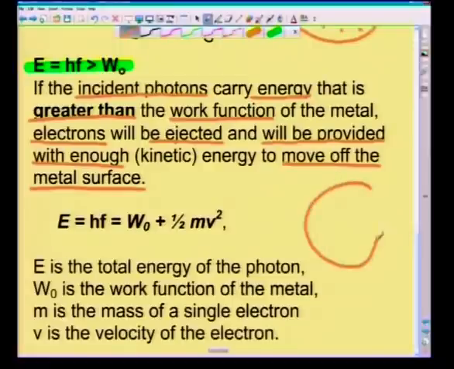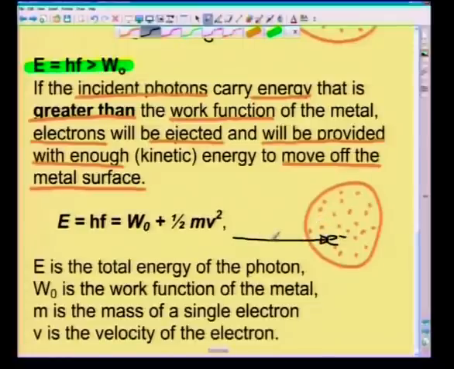Now, there is the metal surface again. We're using light that is bringing photons with greater energy than the work function. So, say that is the electron there, and you have the photon coming in. The energy is bigger than the work function, greater than WO.